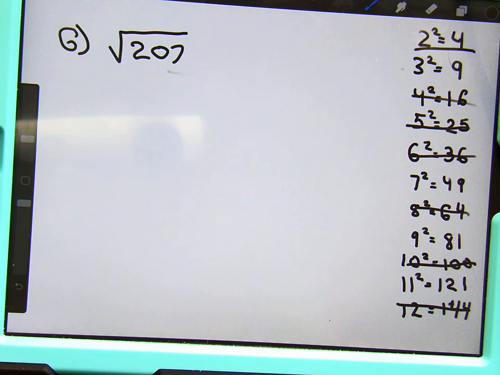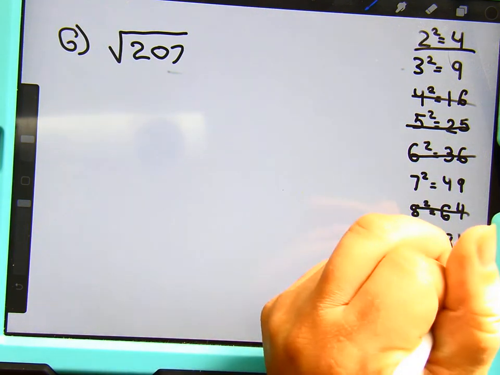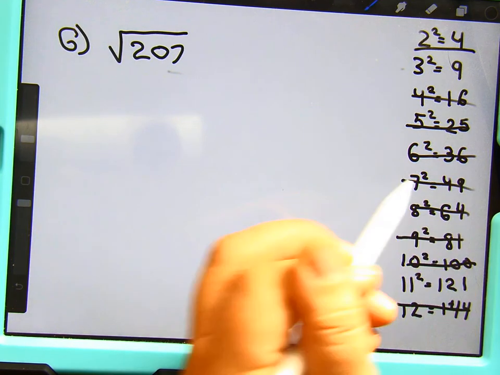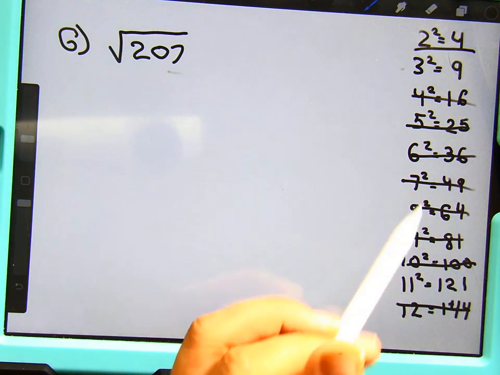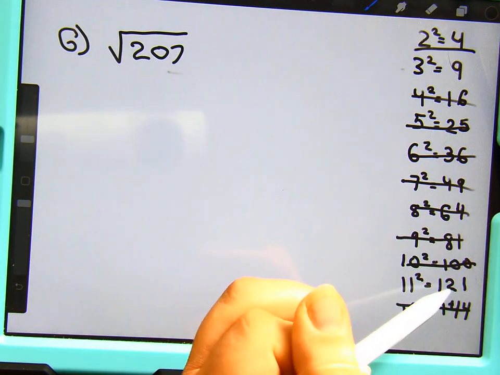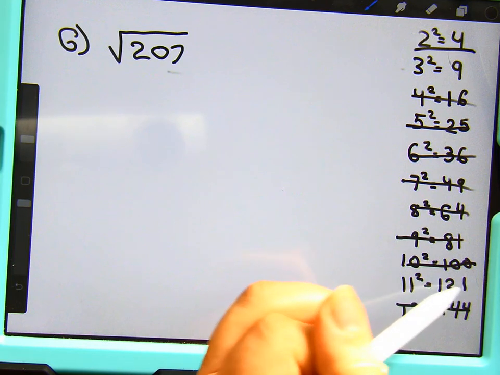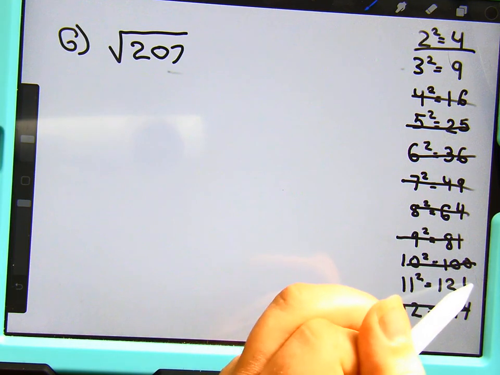So what about divided by 49? Is a decimal. So 81 was a decimal. 49 was a decimal. So, oh, well, I'm going to say 121 times 2 won't work.